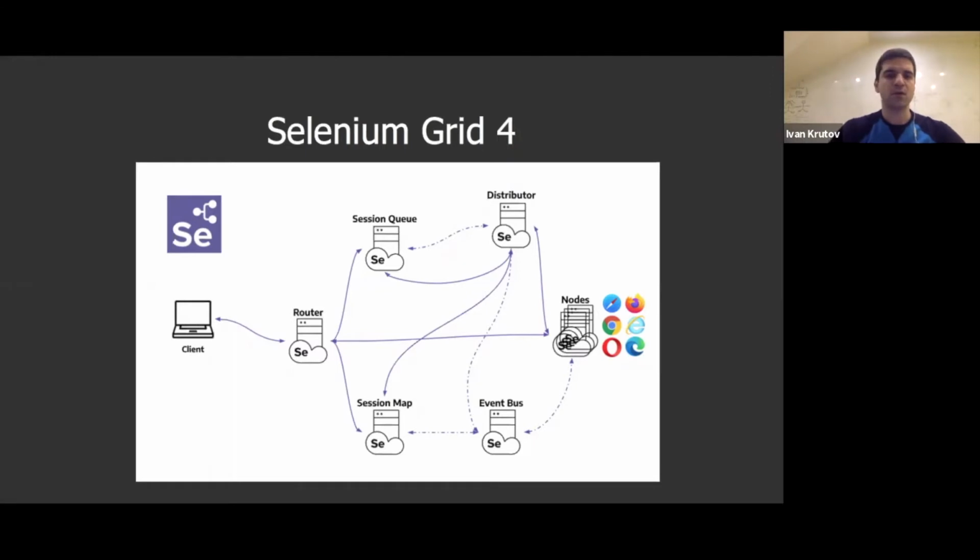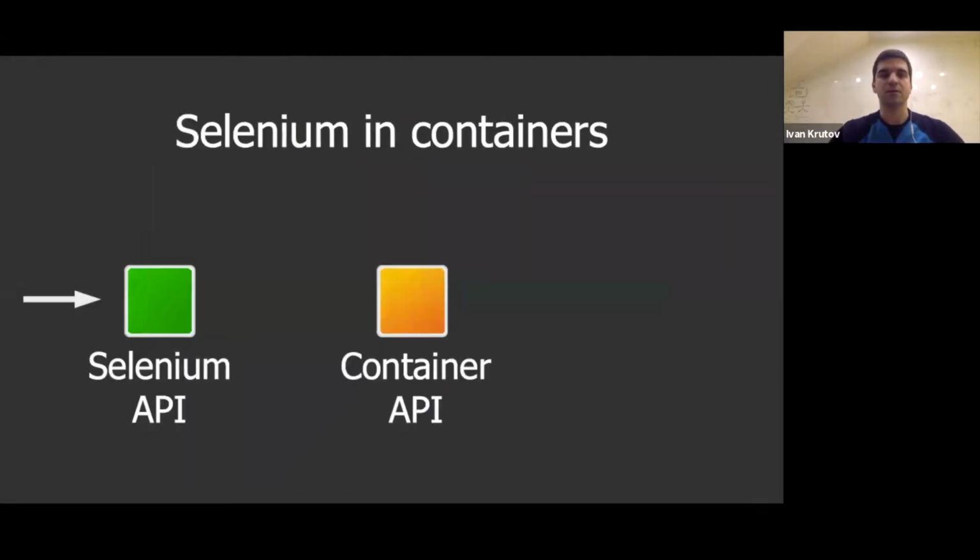A truly simple, truly easy to deploy solution should usually be a single box also running in a container. And this box should be using a container API to launch containers with browsers.